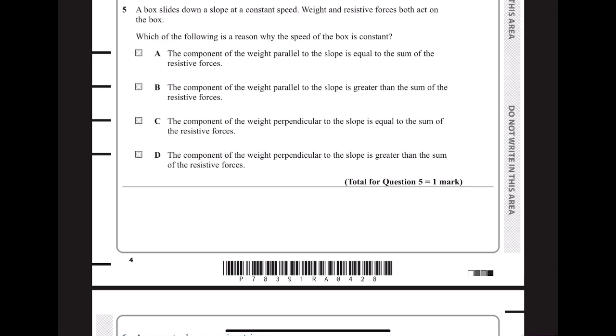Question 5 is saying a box is sliding down a slope at a constant speed. This is a slope, and the box is sliding down like this at a constant speed, which means this force F1 and the force F2 need to be balanced.